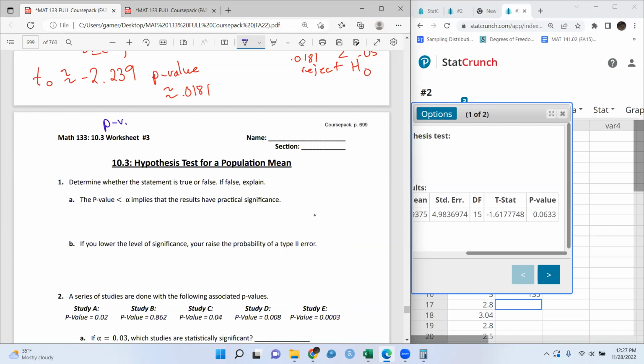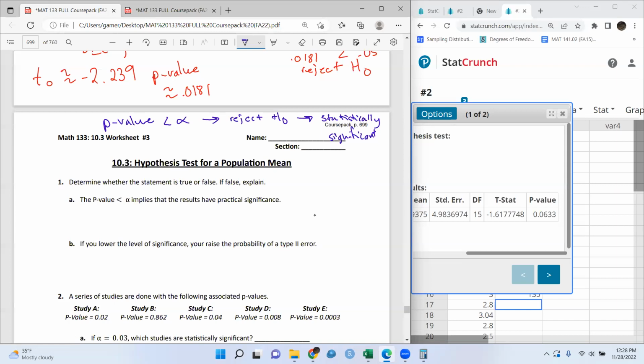First off, when thinking about p-value, we're comparing it to alpha. If p-value is less than alpha, we reject H0. When we do that, what we're claiming is our results are statistically significant. Those 3 things are essentially the same concept. They're essentially saying the same thing. We can pick any one of the 3 and talk about that.